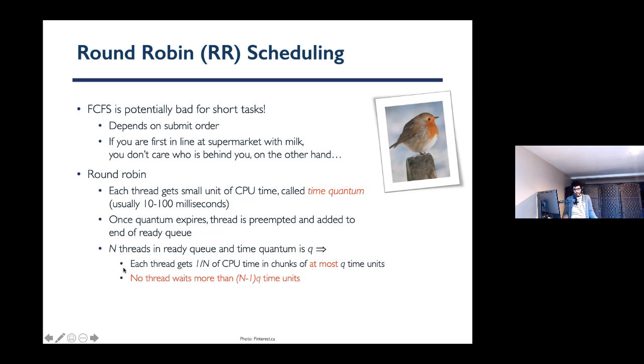After some amount of time has passed, if you look at how much time each one of those threads got on the CPU, let's assume that the size of the time quantum is way smaller than the time that we're looking at.